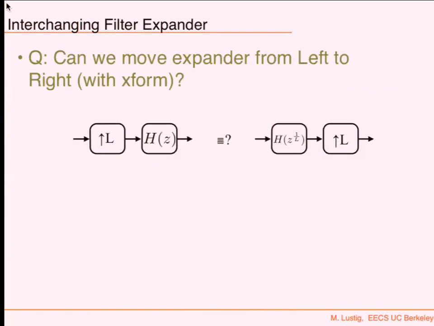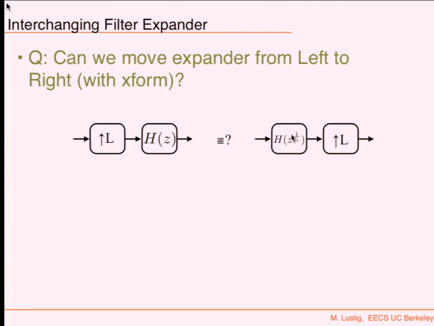And the real question is, can we move an expander from the left to the right without changing the transform? Okay. So my expander was here. That's a problem because I first expand and then filter on the high rate. I want to move it to here. So instead of now compressing, I'm going to expand it. Right?